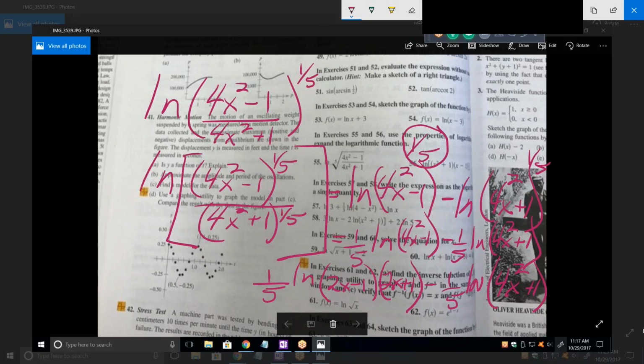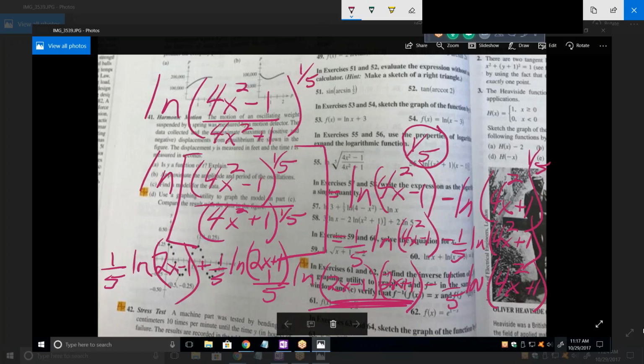Okay, which means I can expand it further. And I'm going to do it over here. That is going to be 1/5 the natural log of 2x minus 1 plus, because multiplication is going on, 1/5 the natural log of 2x plus 1 in parentheses.